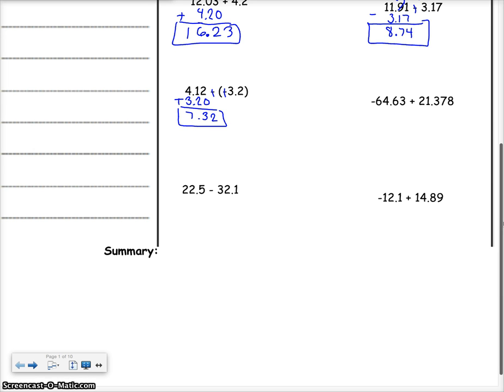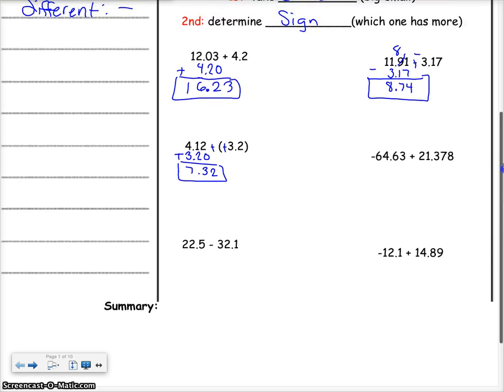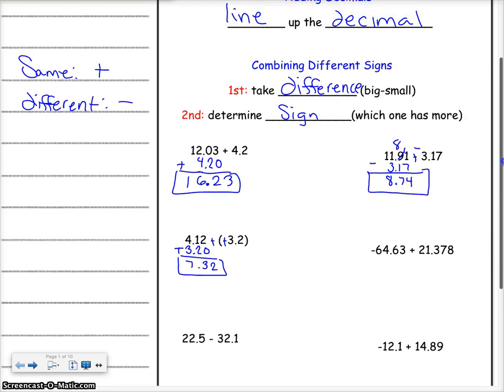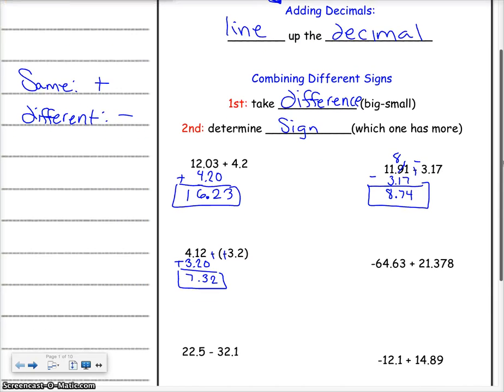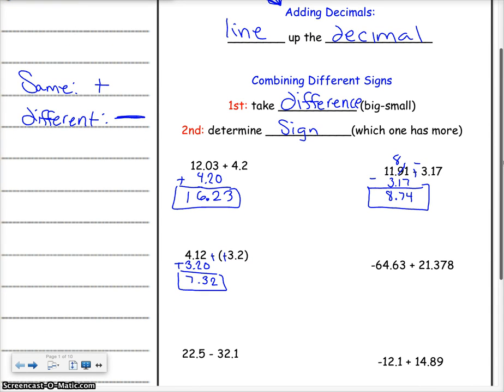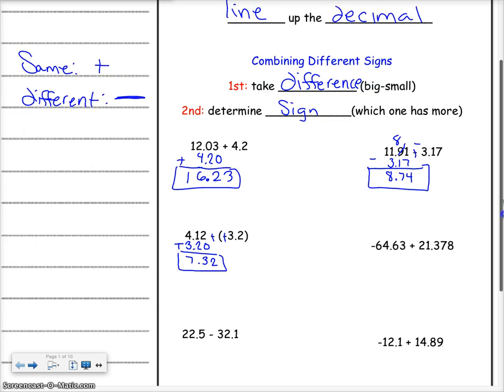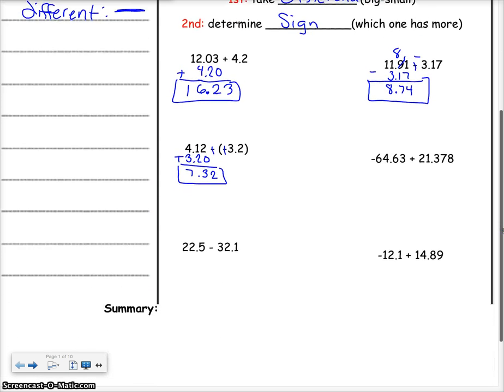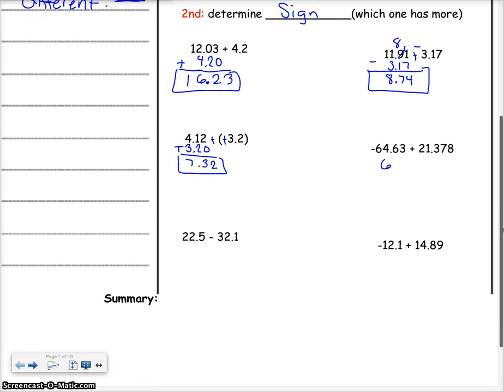Okay, now I'm adding different signs, so I'm just going to refresh my memory. If they're different, we're going to subtract, so I'm going to actually subtract them. So I'm going to go 64.63 minus 21.378.